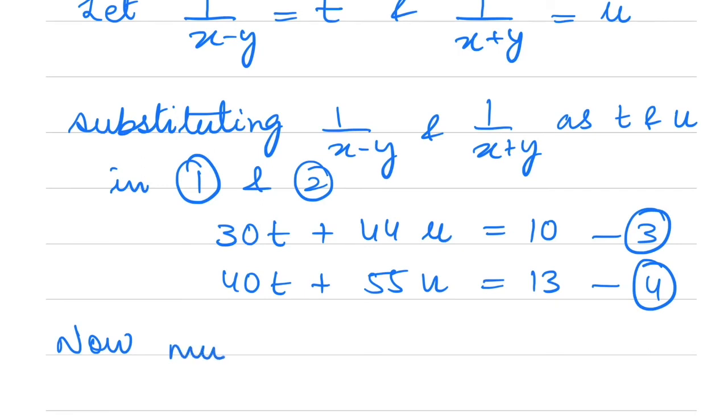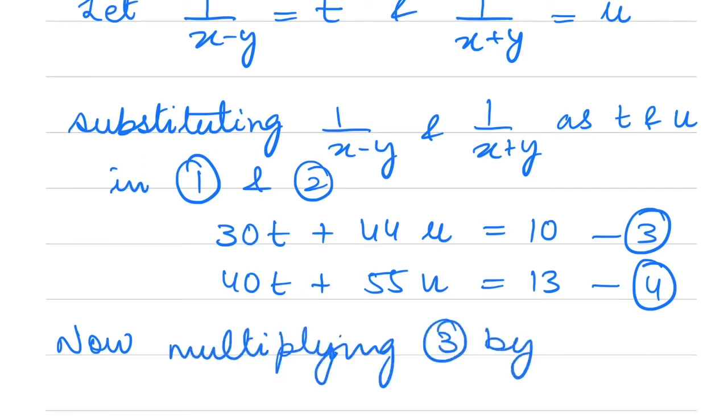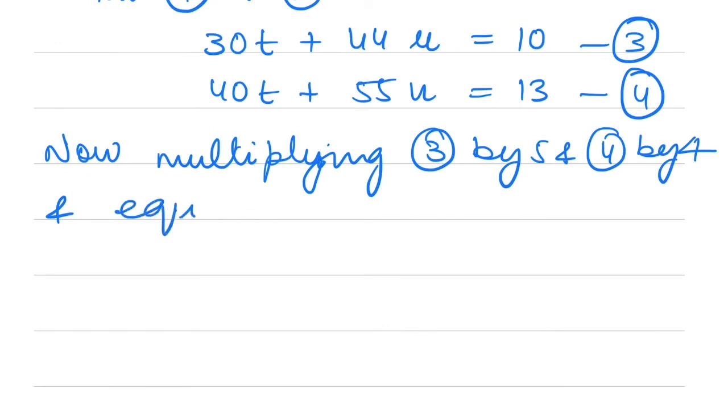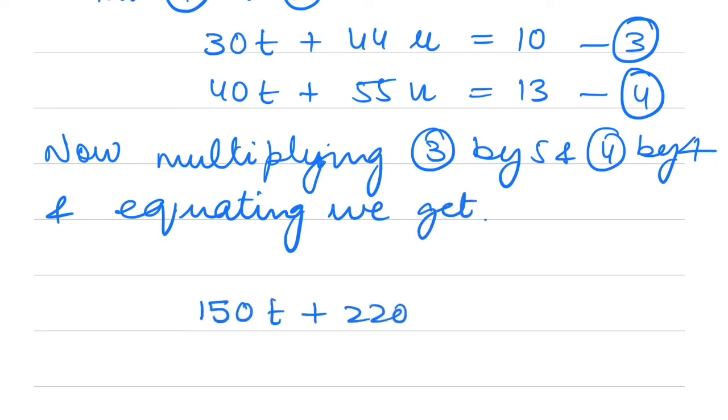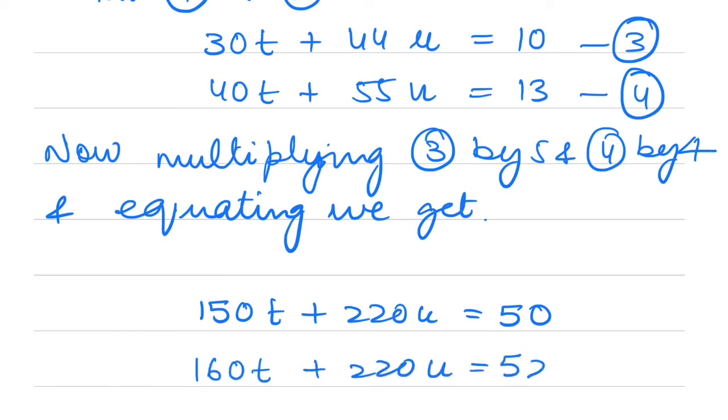Now multiplying the third equation by 5 and the fourth by 4 and equating, we get 150t plus 220u is equal to 50, and 160t plus 220u is equal to 52.